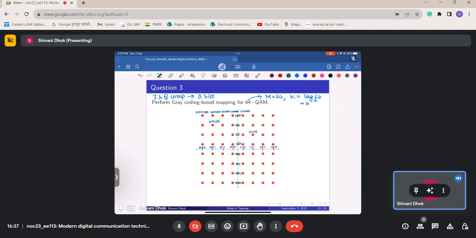If they are too far apart, it's very unlikely, like this symbol will get converted to this symbol with a very low probability, because these two are very far. However, this can get converted to this, and this can get decoded as this. So this is much more likely compared to this getting decoded as this.